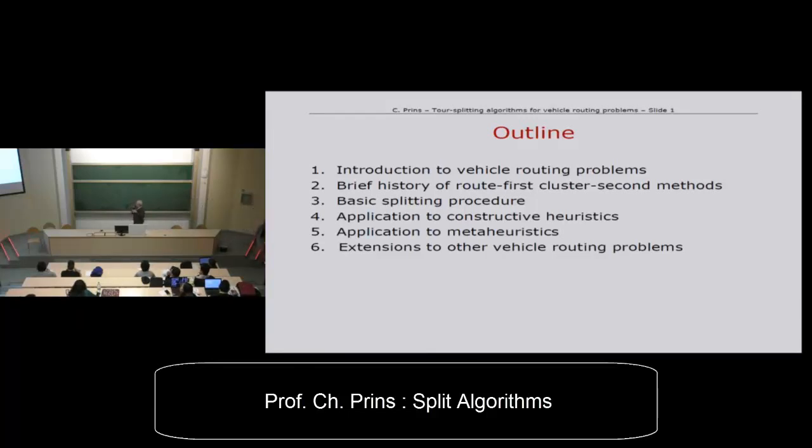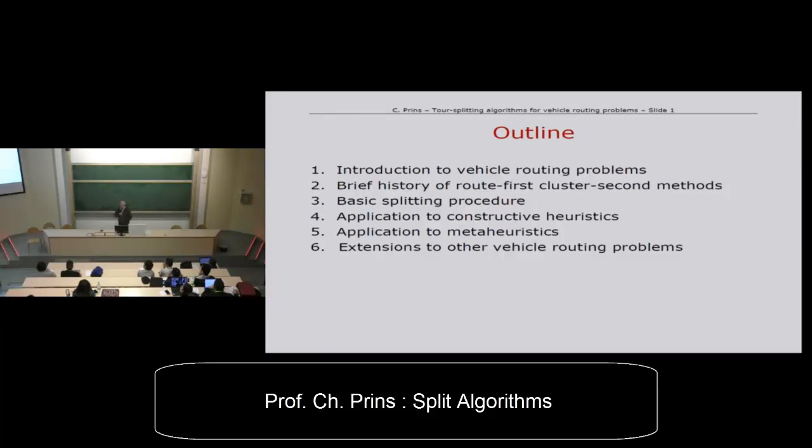So I'm going to speak, in fact, about a family of heuristics and metaheuristics for vehicle routing problems. For those who are not specialists, I'm going to recall briefly what a vehicle routing problem is. And then I will show you a brief history of route first, cluster second methods.